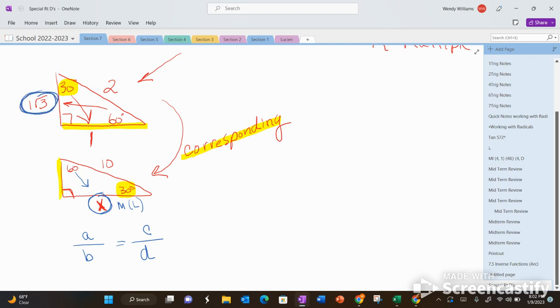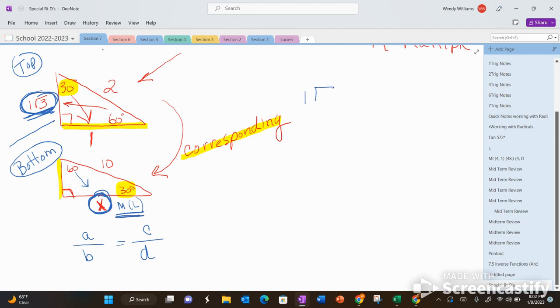Now, when we go to set up our ratio, you need to decide, am I going from the top triangle and comparing it to the bottom? Or are we going to compare the bottom to the top? Because of the way I drew it, I'm going to compare top compared to bottom. And because X is my medium or long leg, I'm going to compare it to the medium or long leg up here.